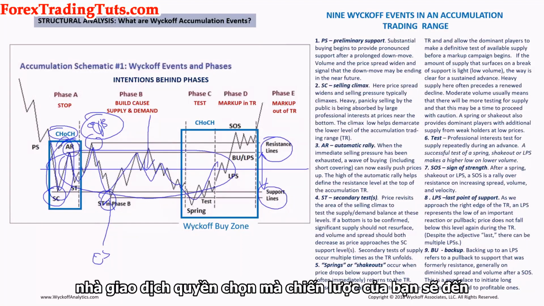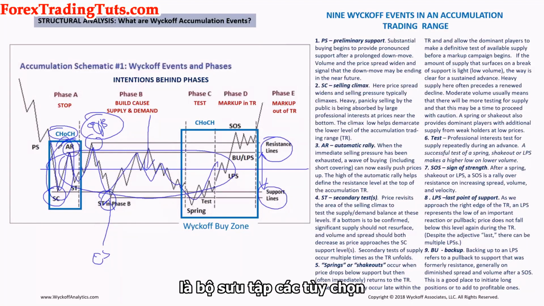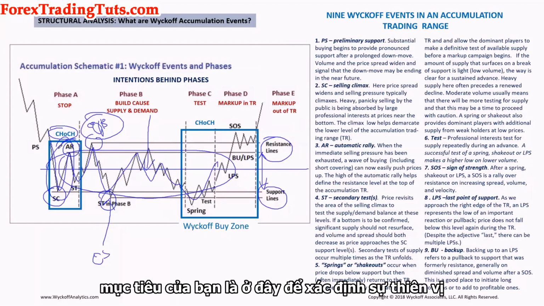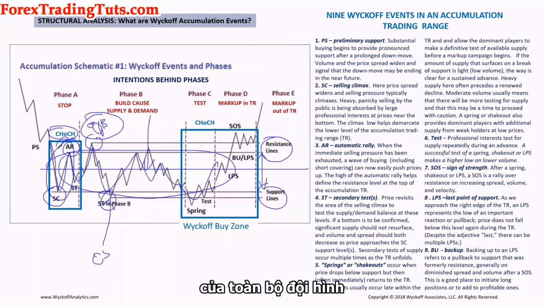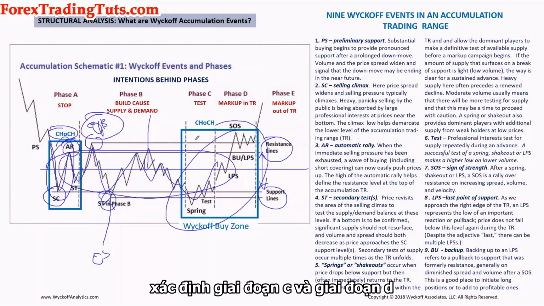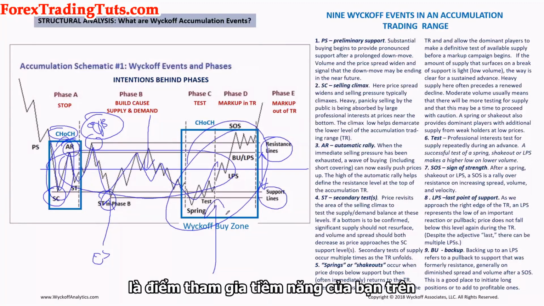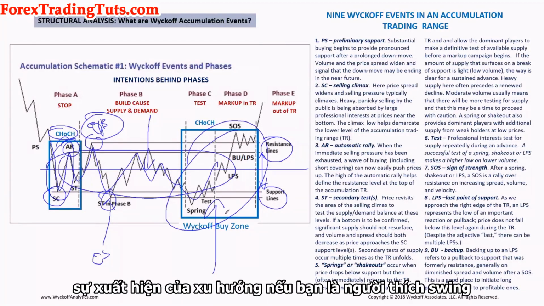If you're an option trader, your strategy is going to be collection of options and very short duration kind of weekly options type of directional trades. If you're a long-term investor, your goal is here to identify the bias of the whole formation and timing, identifying phase C and phase D as your potential points of entry on the emergence of the trend.